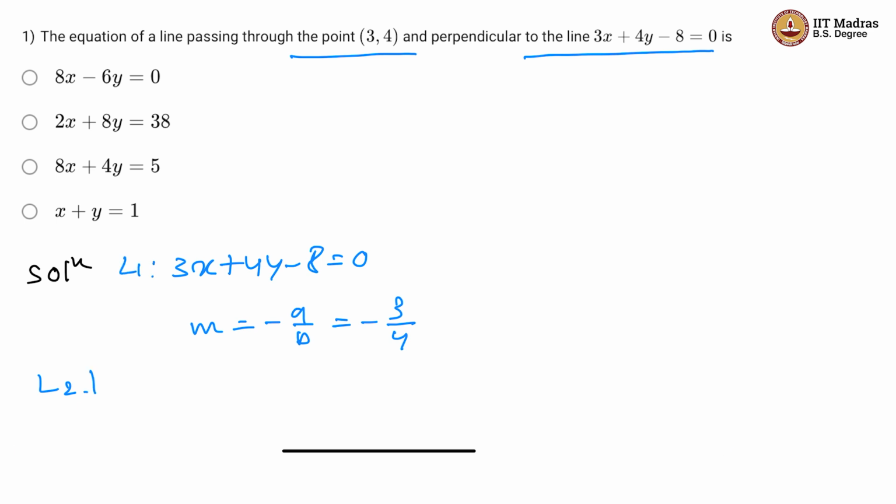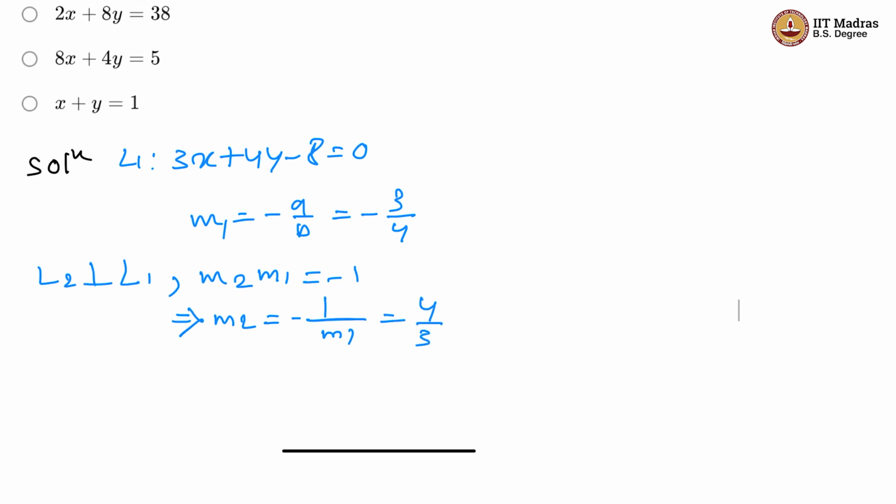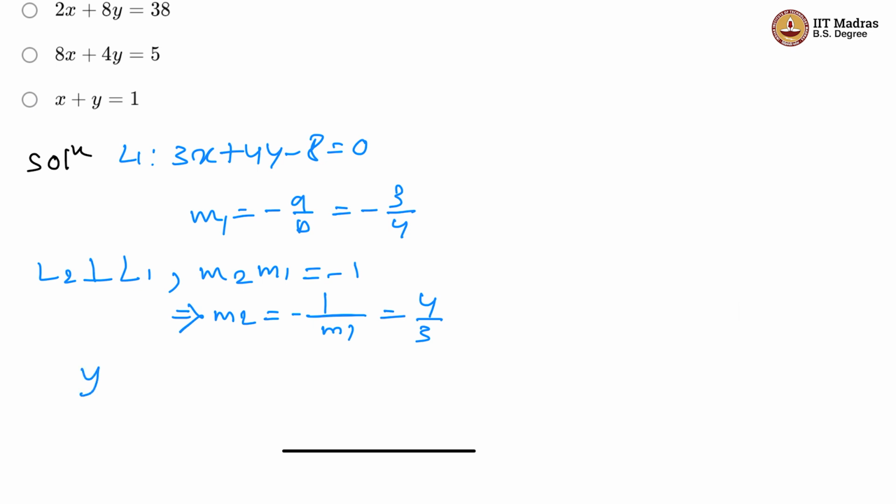If line 2 is perpendicular to line 1, then the multiplication of the two slopes will be minus 1, right? So from here we can find m2 equals minus 1 by m1, which is 4 by 3. Okay, so our equation of line 2 will be y equals m2 x minus d, right? And m2 is 4 over 3, so y equals 4/3 x minus d.